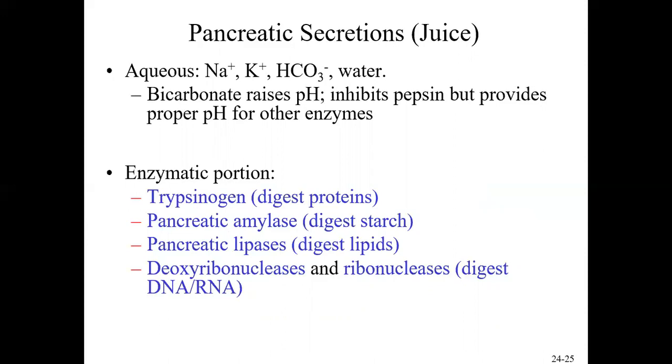You can begin digestion of starch in the mouth. Pancreatic lipase helps to digest lipids or fats. And then you have deoxyribonuclease and ribonuclease, which help to digest the nucleic acids, DNA and RNA, because the food that you eat, whether plant-based, animal-based, or a combination, is going to have DNA and RNA, and you need to be able to digest and break those down.